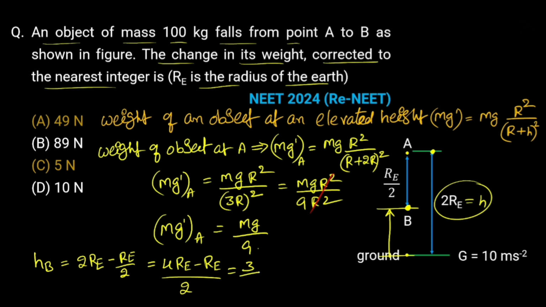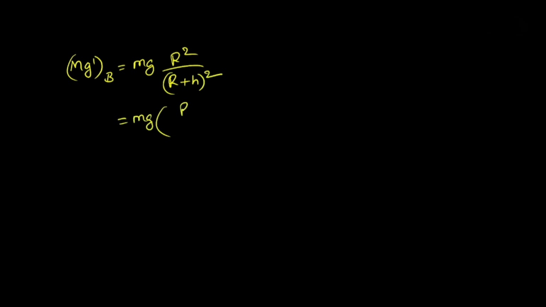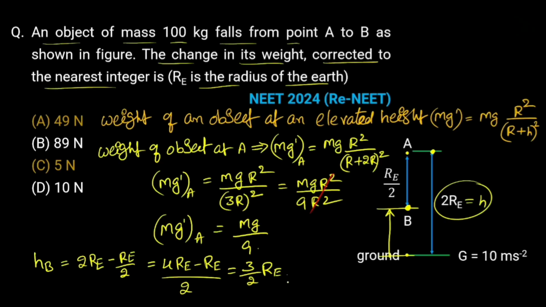It is 4RE minus RE by 2, that is 3 by 2 RE. That is the height corresponding to B. Then weight at B, mg dash at B, is mg into R square by R plus h whole square, where h equals 3 by 2 RE.